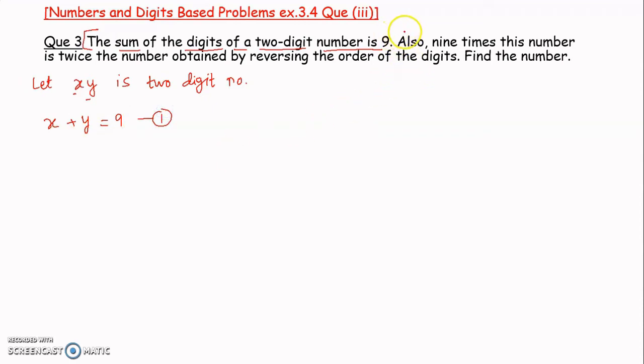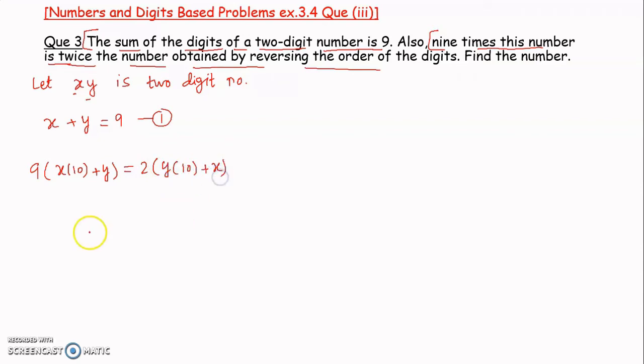The second condition: 9 times this number, where the number xy is x multiplied by 10 plus y, is equal to twice the number obtained by reversing the order. If you reverse the order, it becomes yx, so that will be y multiplied by 10 plus x.